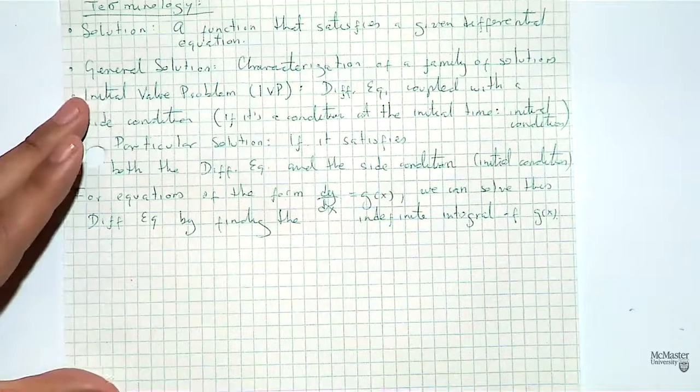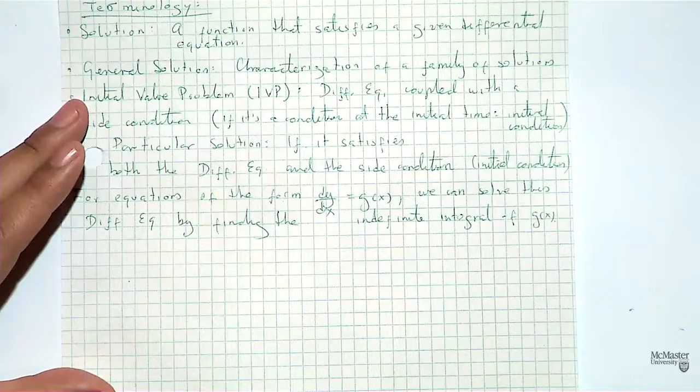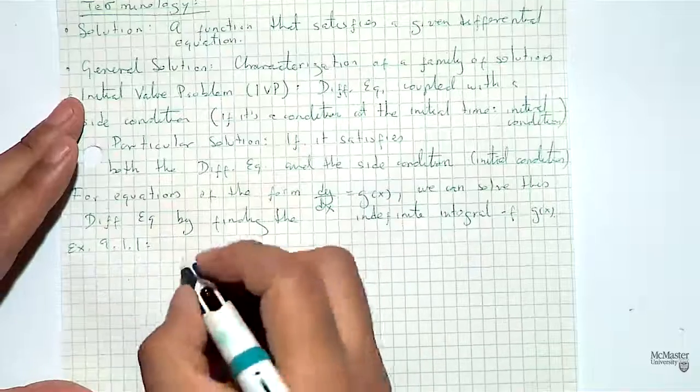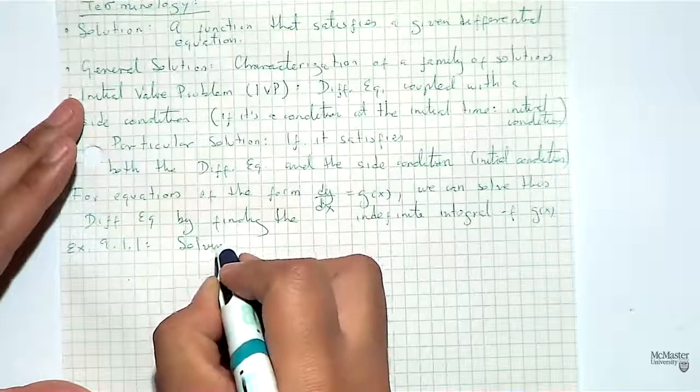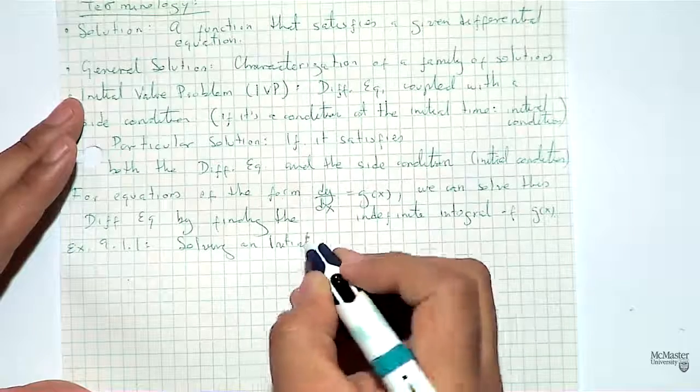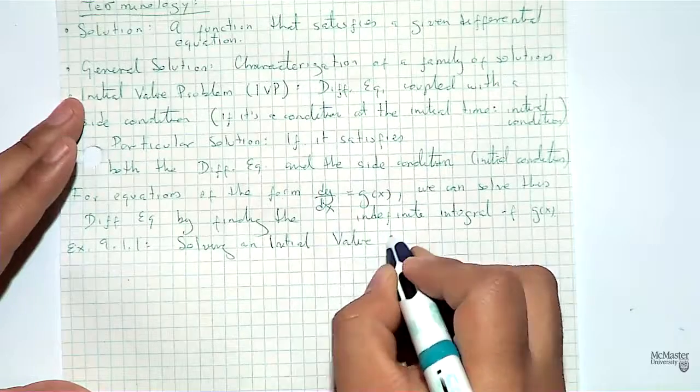We will do an example just to basically comfort you in the sense that you have some experience with this kind of problem. So this is 9.1.1, which is solving an initial value problem.